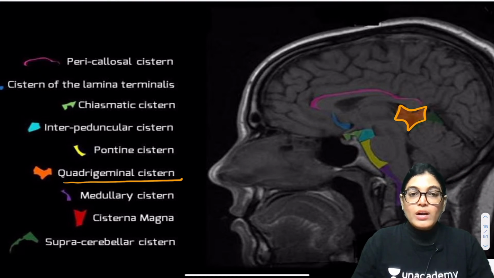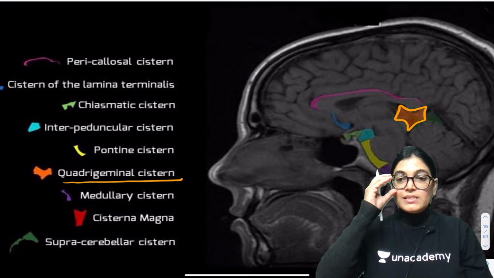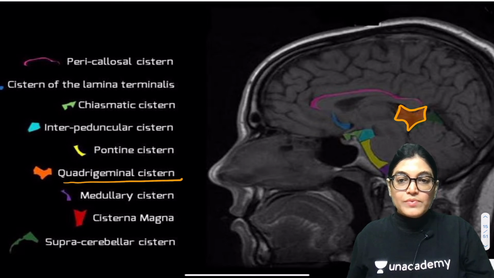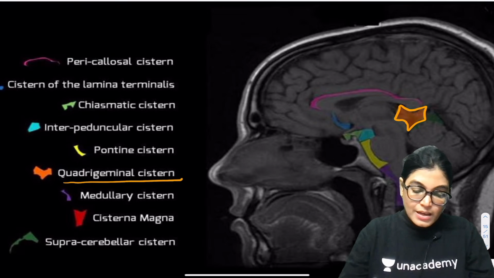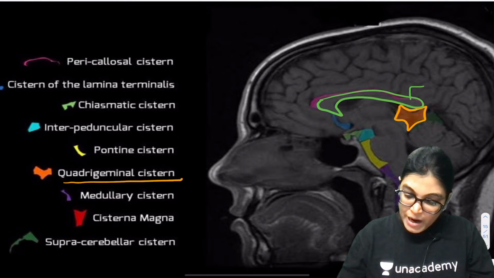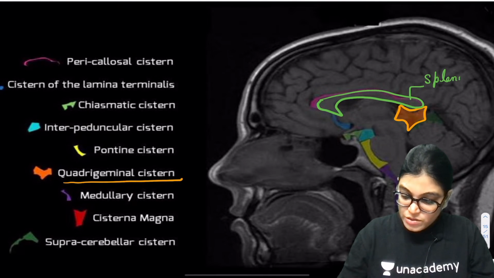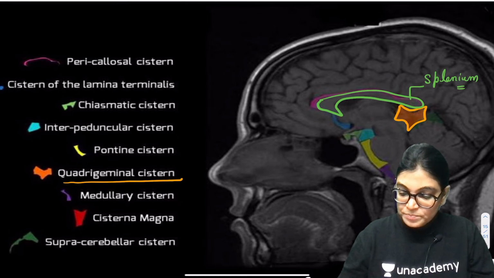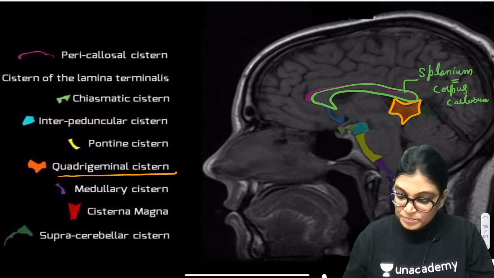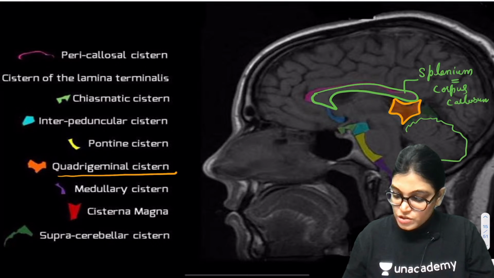All of you can visualize the quadrigeminal cistern, and it is exactly located in between. This is the corpus callosum, and this part is the splenium of the corpus callosum. Below it you can see the cerebellum, the small brain.